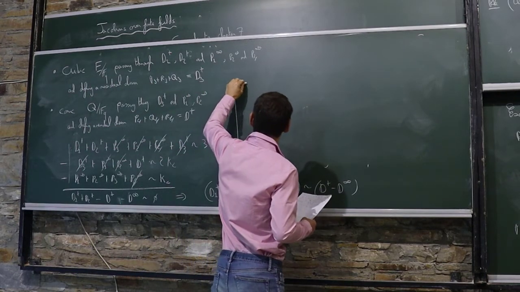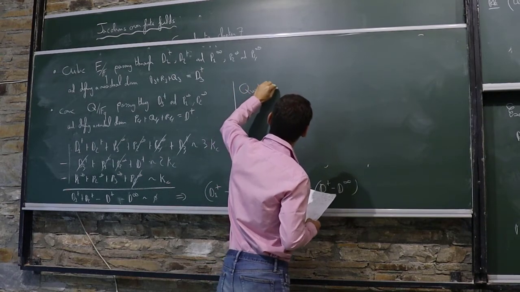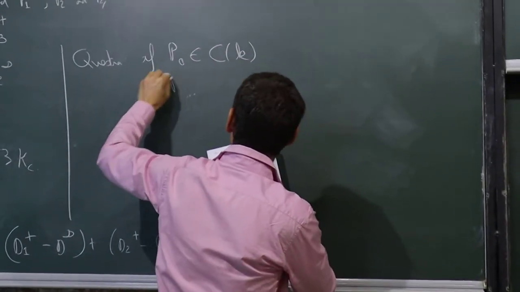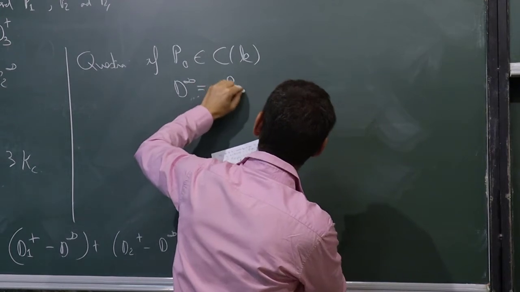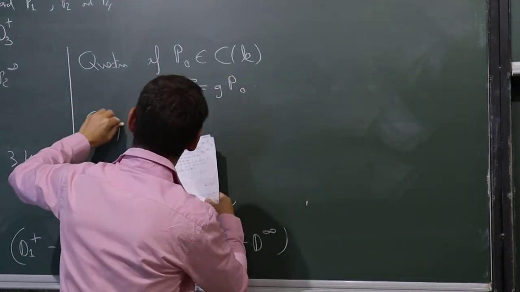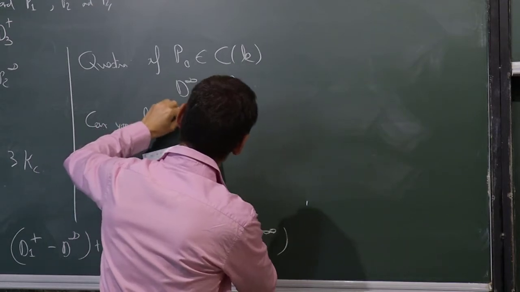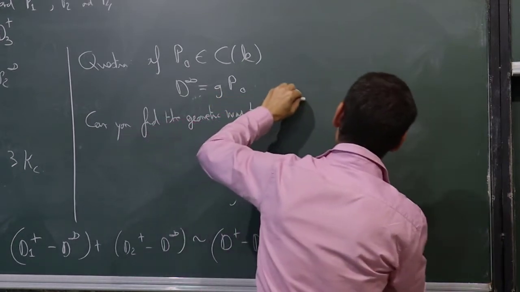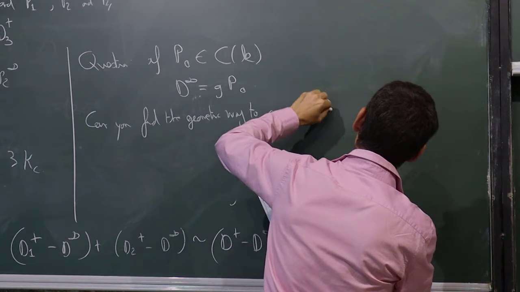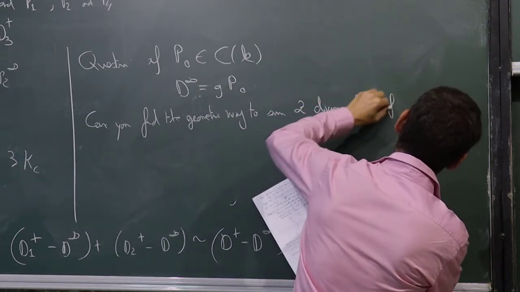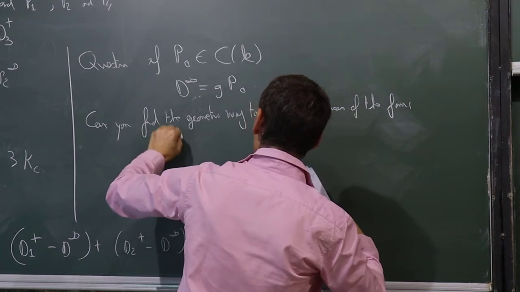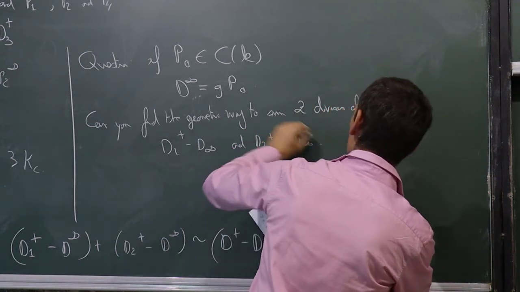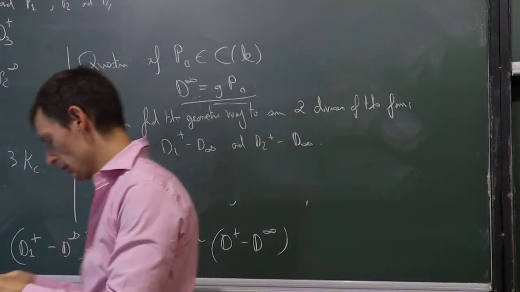So, question for you, if P0 is a point on the curve, define D infinity as G times P0, can you find the geometric way to sum two divisors of the form D1 plus minus D infinity and D2 plus minus D infinity with this definition now of D infinity.